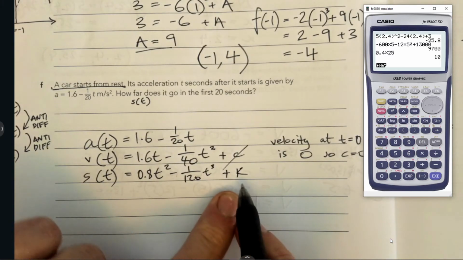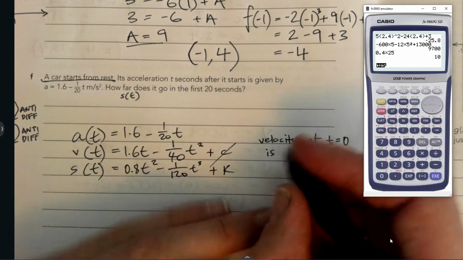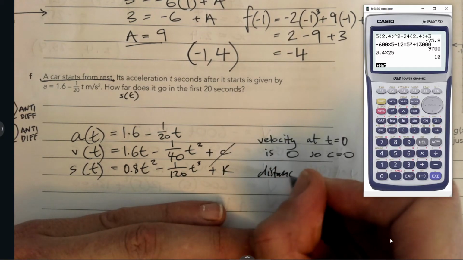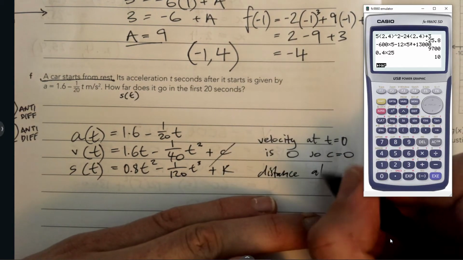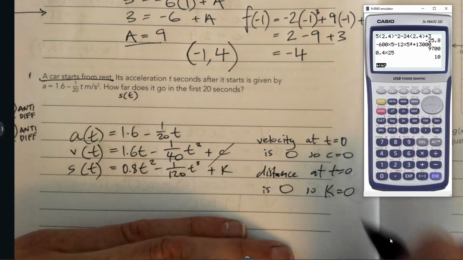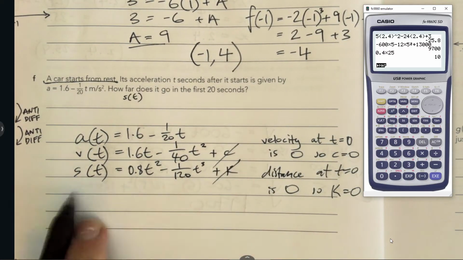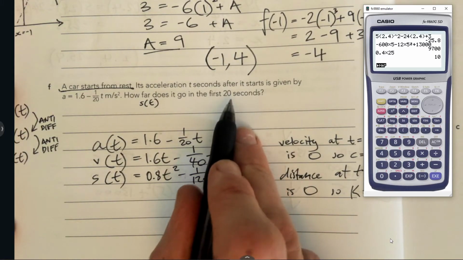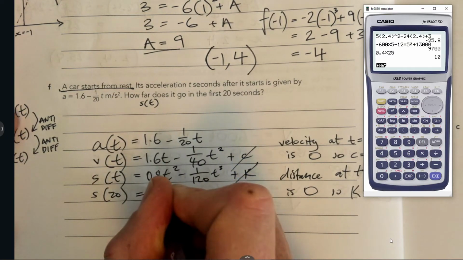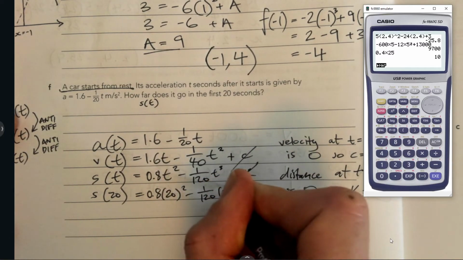But we also know it starts from rest, and so therefore distance at t equals 0 is 0, so k equals 0. So then we can get rid of that one. So now we've got a formula for s of t, and then we just chuck a 20 in for that t. S of 20 equals 0.8 times 20 squared minus 1/120 times 20 cubed.